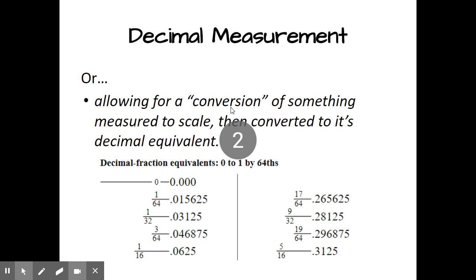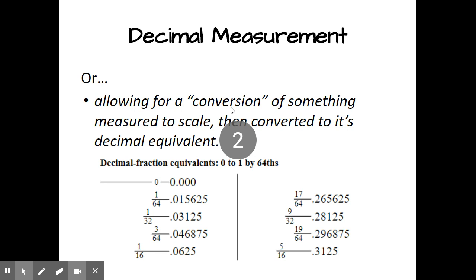But when allowing for conversion of scale, you're typically going to be measuring with a tape measure or a scale that's going to be measuring in 1/16, 1/8, however many increments of an inch. At the minimum, you're going to be on a 0 to 1 inch scale dealing with no smaller an increment than a 64th.